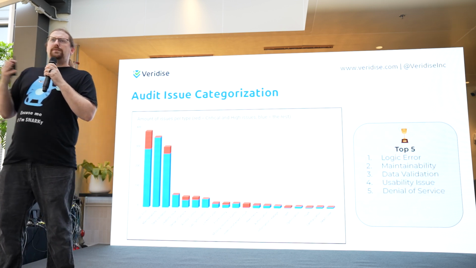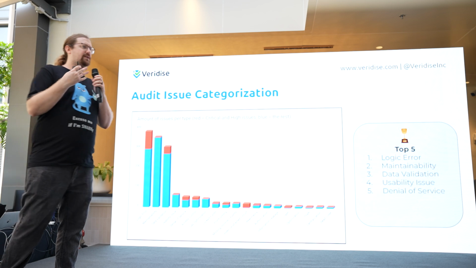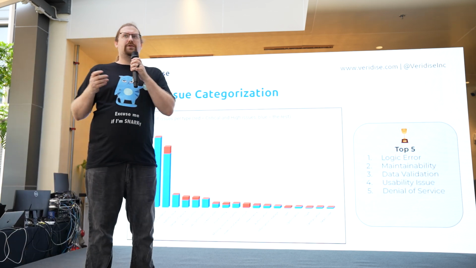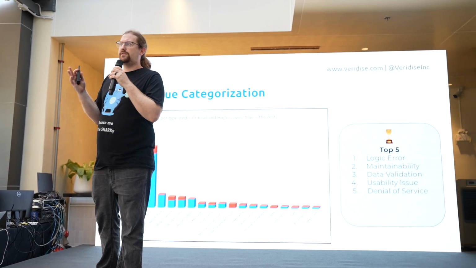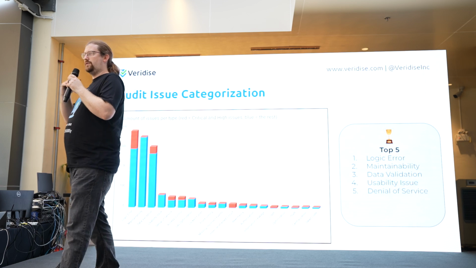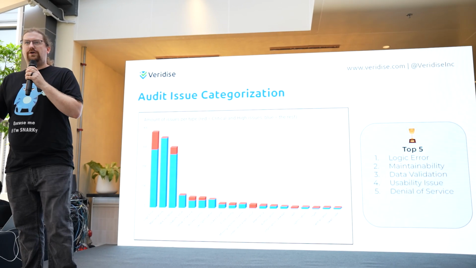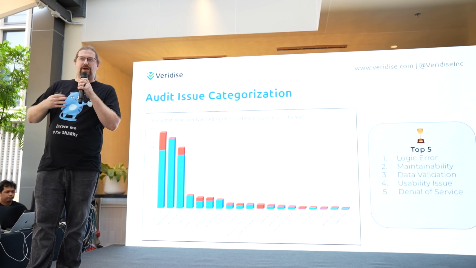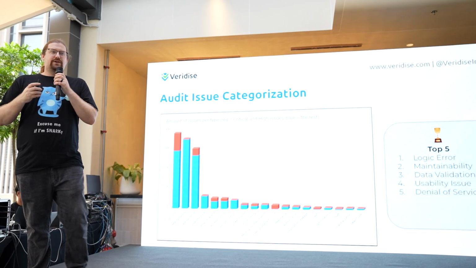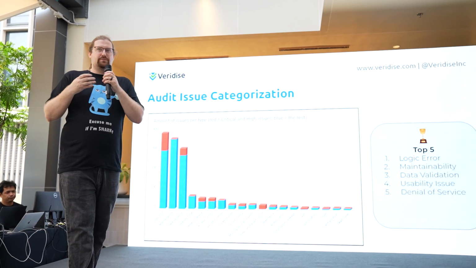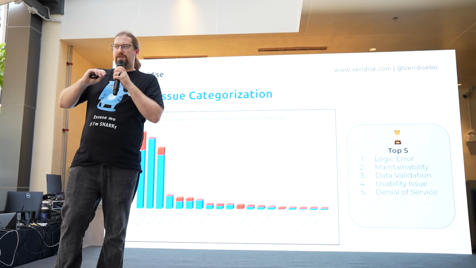The second most common issue that we find are maintainability issues. And so maintainability issues aren't normally severe issues. They're just problems in your protocol that could turn into issues down the line, as you continue to develop. So as an example, one of the most common sources of maintainability issues is people using magic numbers.